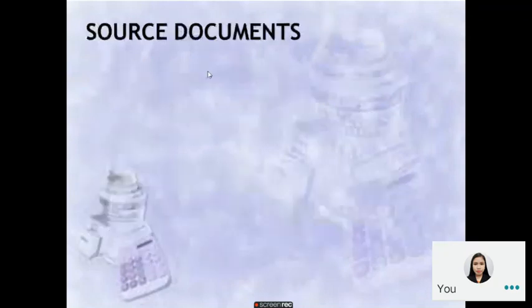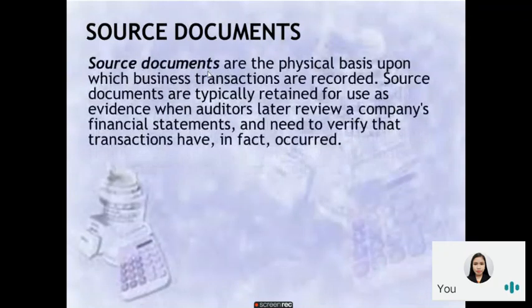Okay. Source documents. Source documents are the physical basis upon which business transactions are recorded. Source documents are typically retained for use as evidence when auditors later review a company's financial statements, and need to verify the transactions have in fact occurred.